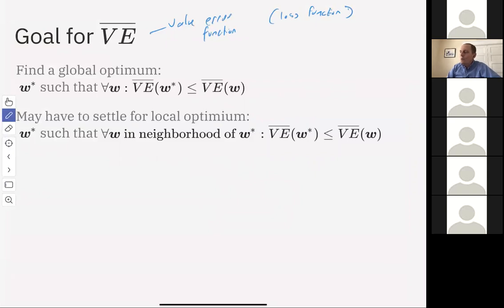So our goal would be to find some W star, some set of weights such that it has an error no worse than that of any other set of weights. Do you agree that's a reasonable goal for our function approximator?